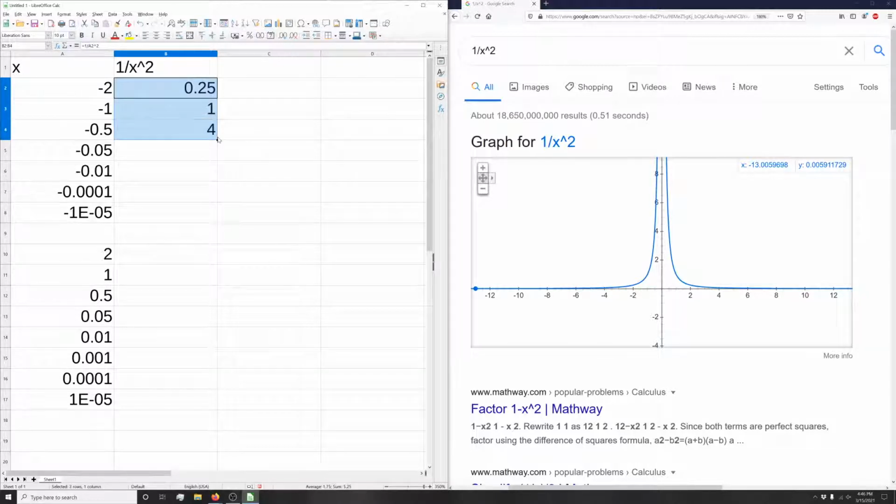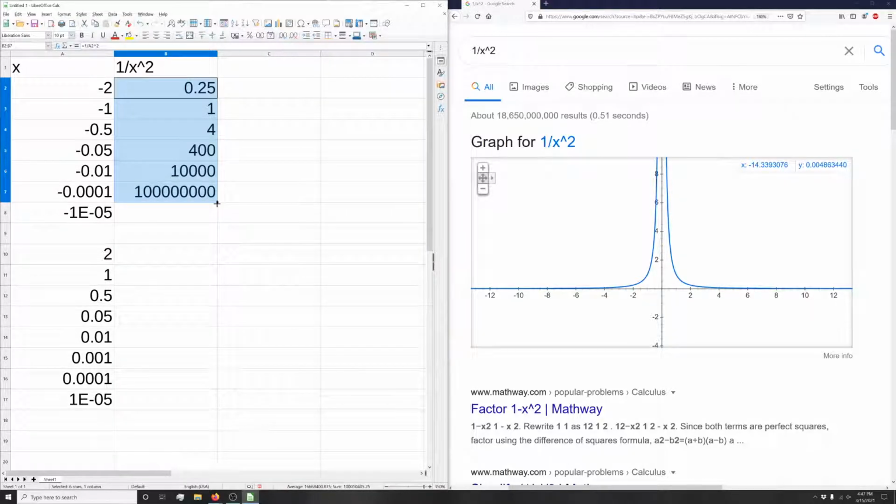Getting closer to 0, around -1/2, it's around 4. Same thing. I can drag this down. I got 400. It's going to 10,000.